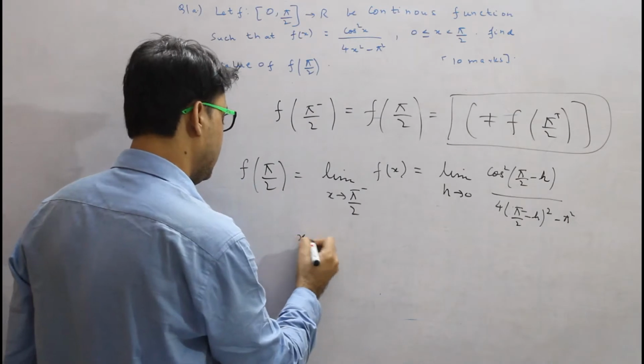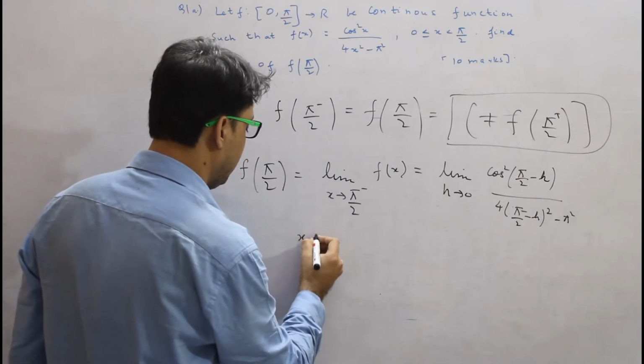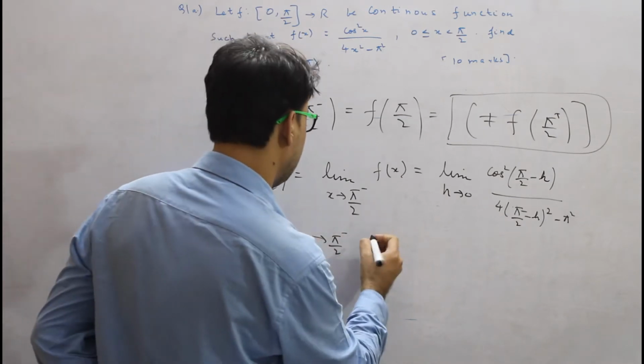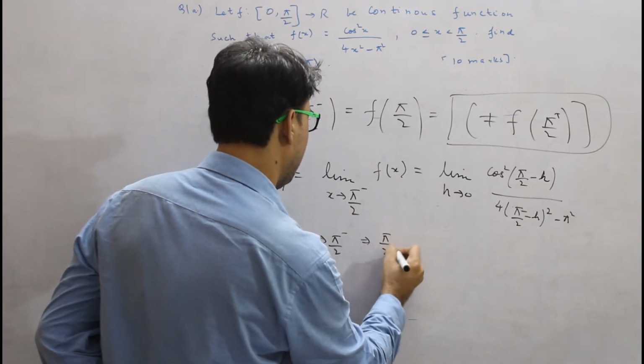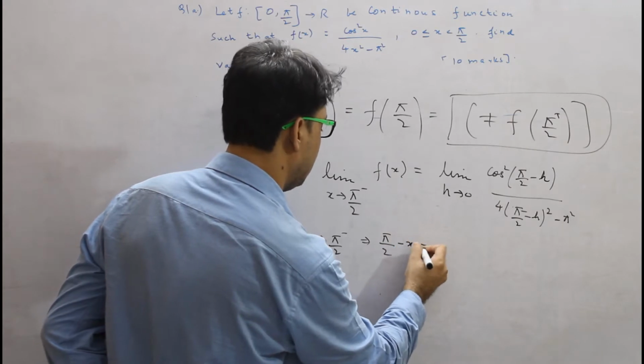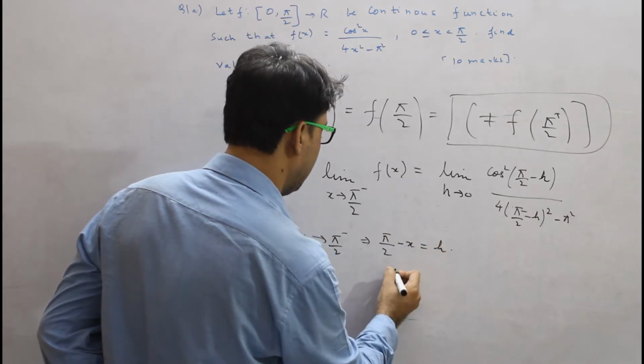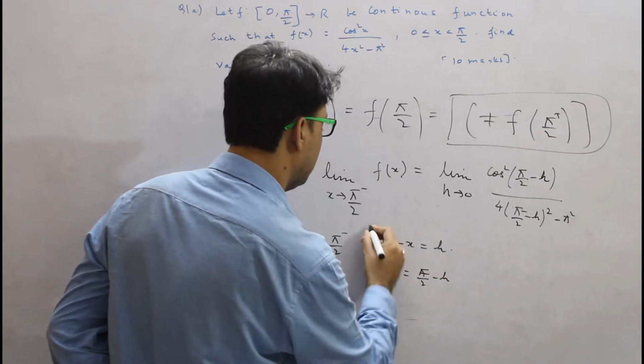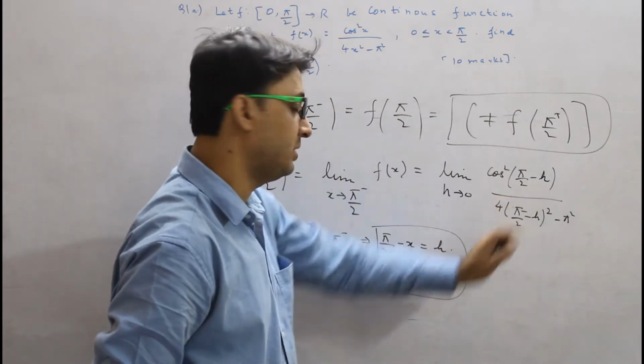Here we put pi by 2 minus x is equal to h, so we can write x as pi by 2 minus h. So this is what we have directly written over here.